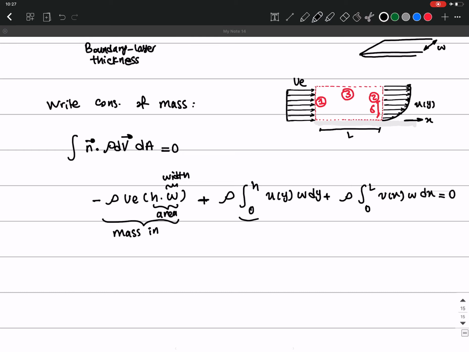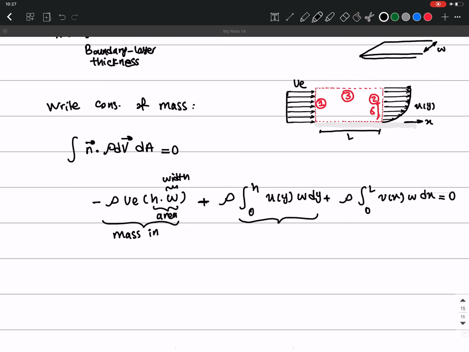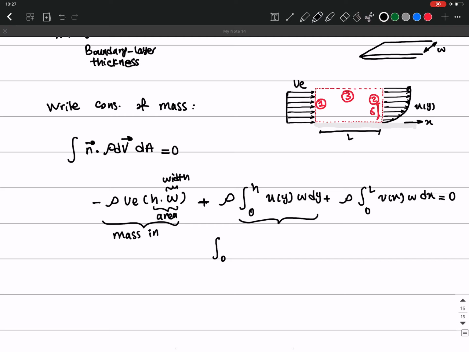And here I can do this integral, decompose it into two parts. One is the integral from 0 to delta of uy w dy, and then the integral from delta to h, and the velocity from delta to h becomes ue from here, right?